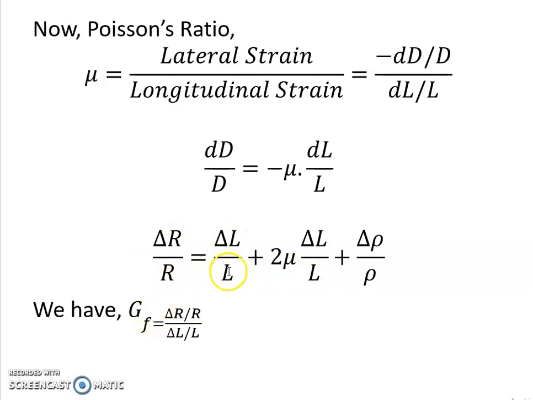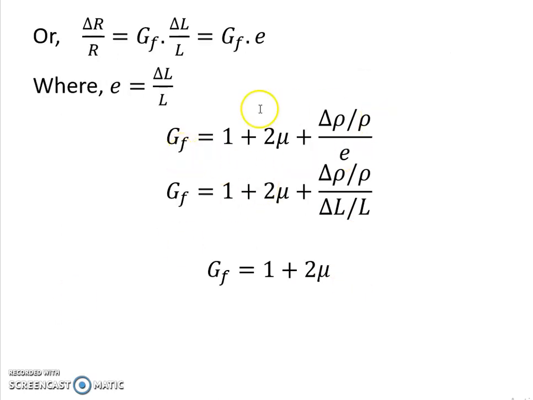On the right side, delta L by L divided by delta L by L is 1, plus 2 mu into delta L by L divided by delta L by L, where delta L by L cancels and only 2 mu remains, plus delta rho by rho divided by delta L by L. So GF is equal to 1 plus 2 mu plus delta rho by rho divided by epsilon, where epsilon is strain, delta L divided by L.